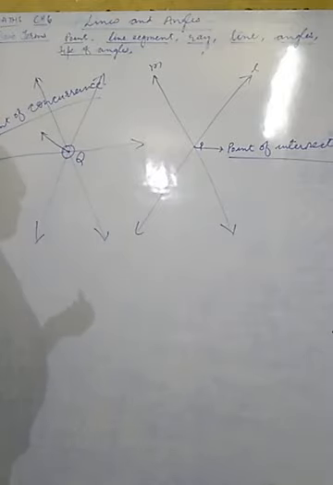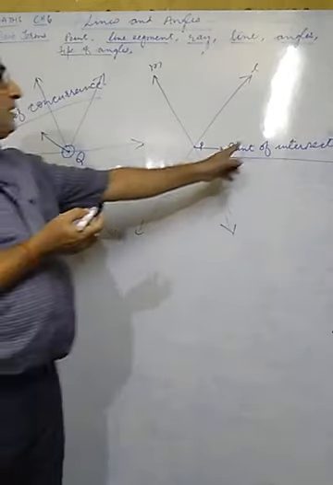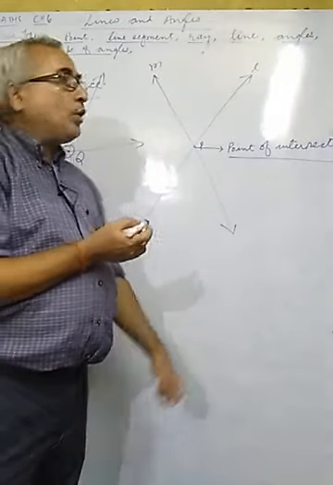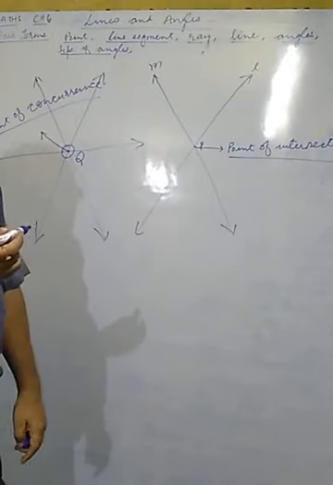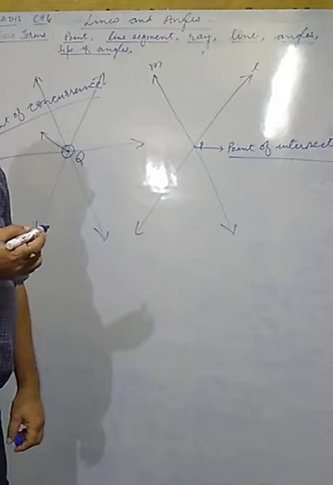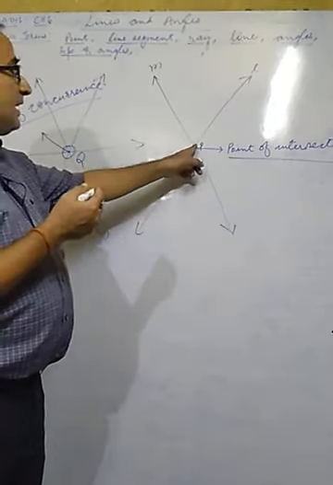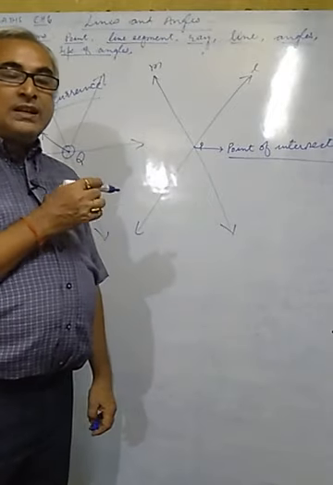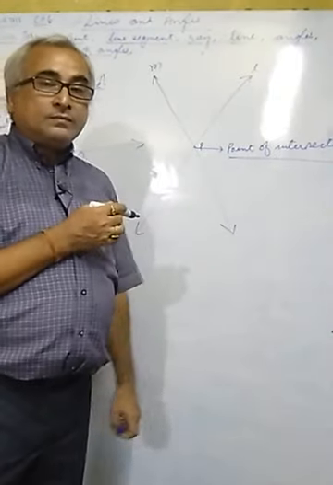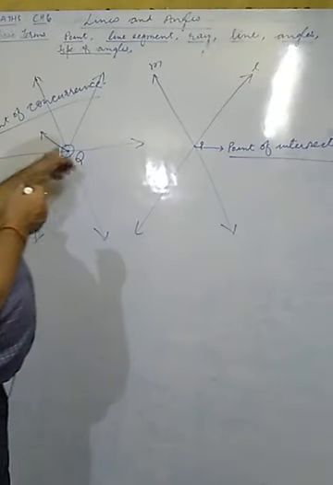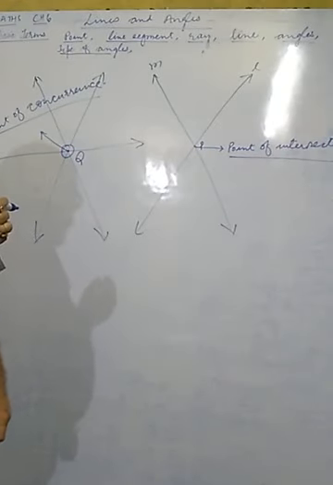Now you may observe what the difference is between point of intersection and point of concurrence. It is very clear here that if only two lines are meeting at a point, that point is a point of intersection. If more than two lines are meeting at a point, that is a point of concurrence.